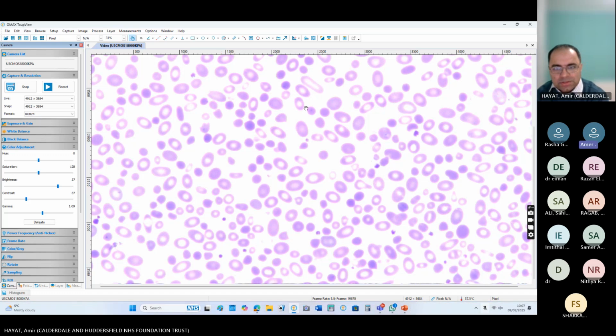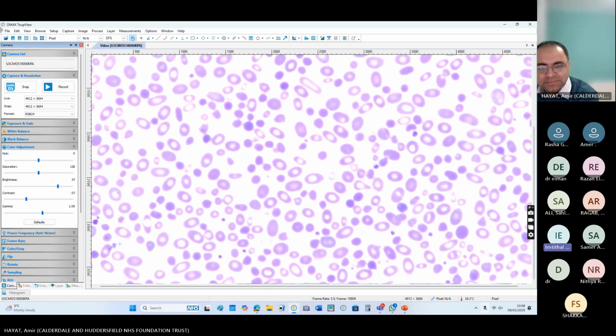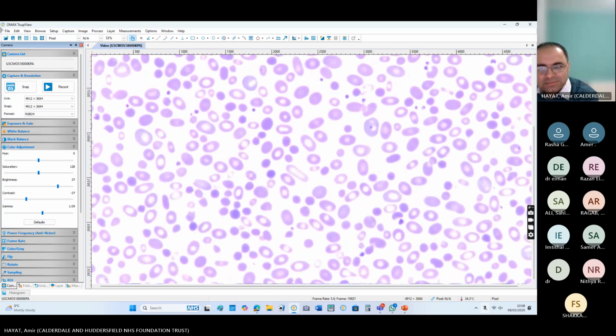But somebody says this is elliptocytosis. Is this elliptocytosis, ovalocytosis, or stomatocytosis? It is not stomatocytosis. I think it's elliptocytosis.